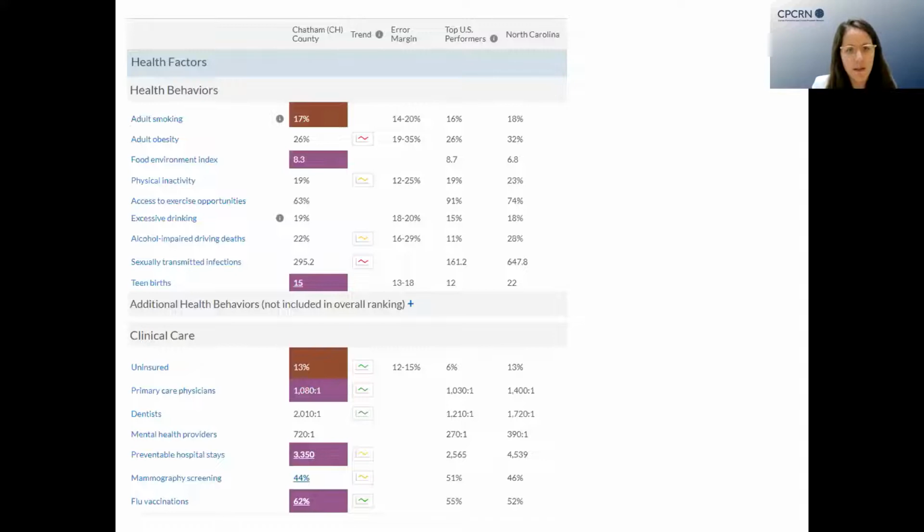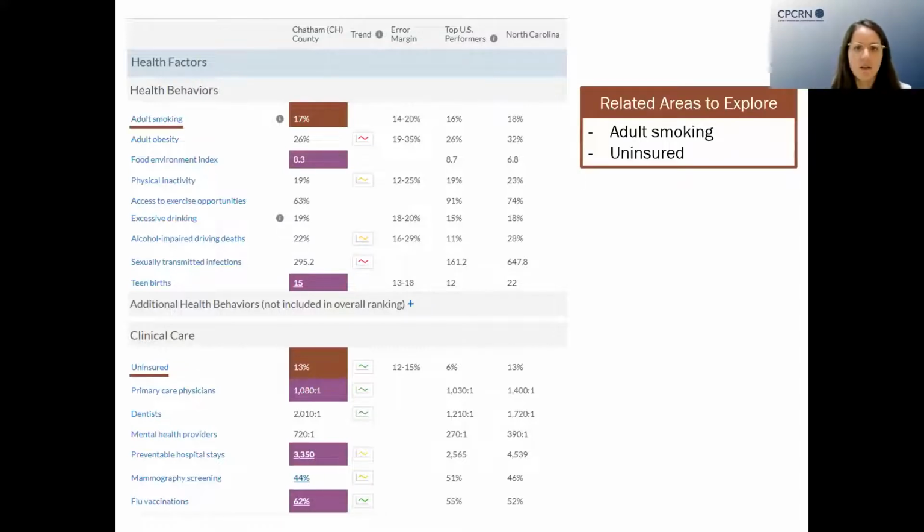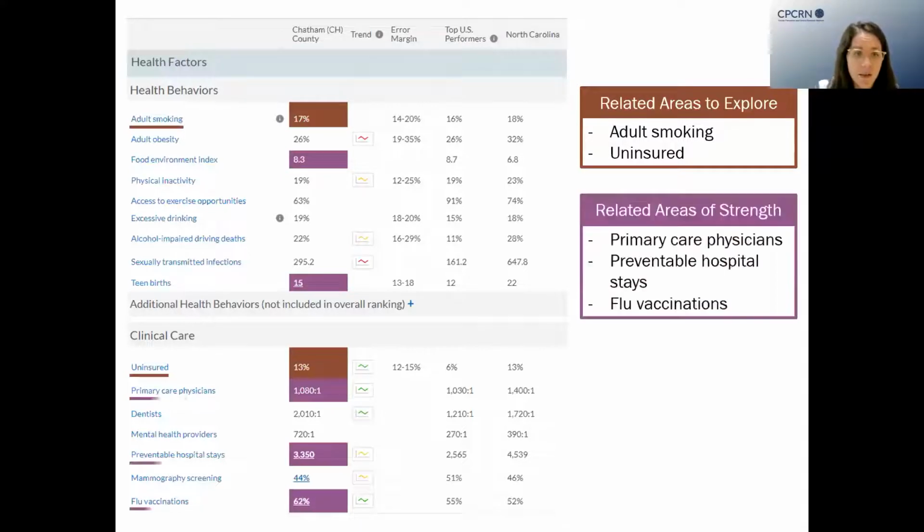So I scanned through these and I decided that adult smoking and uninsured are the areas to explore that are most related to colorectal cancer screening. And then as far as the areas of strength, I noted these 3 possible areas of strengths as relevant and possible places that we could leverage when we're considering a colorectal cancer screening intervention.